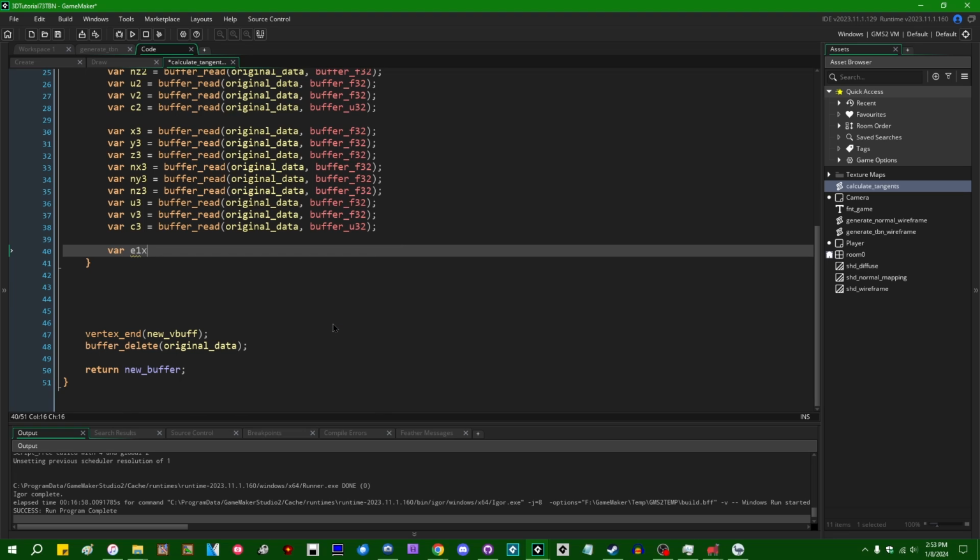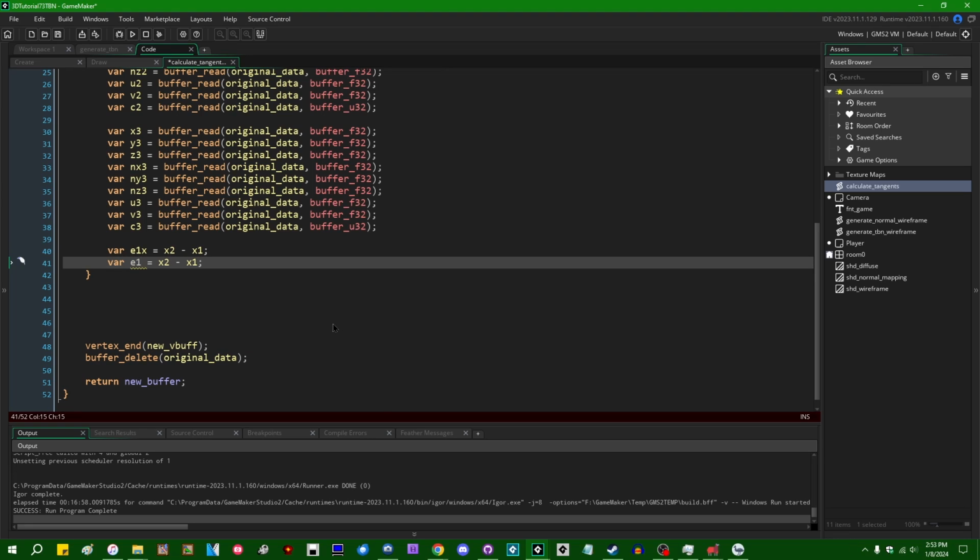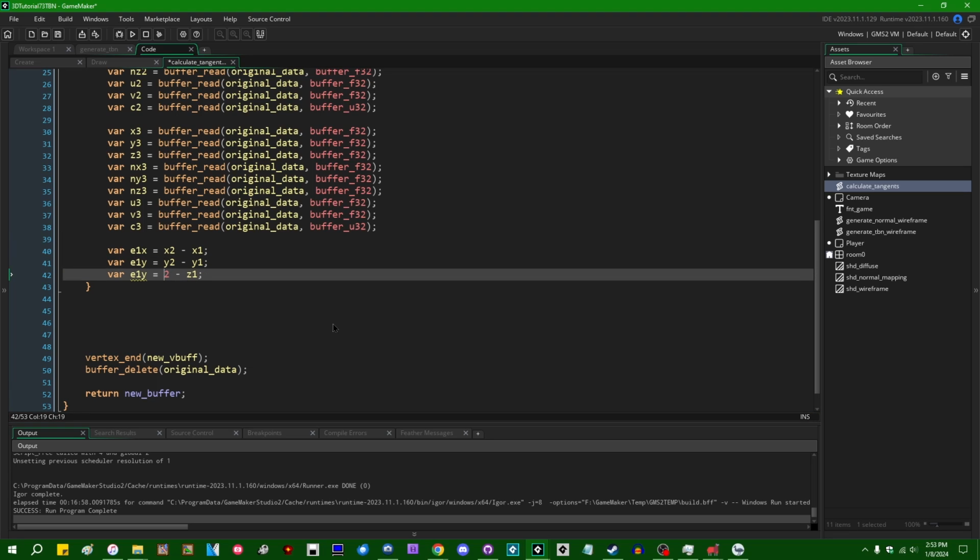This is going to be e1x, edge 1x, is going to be equal to x2 minus x1, e1y, y2 minus y1, and then e1z, so the z component of the first edge is going to be z2 minus z1.